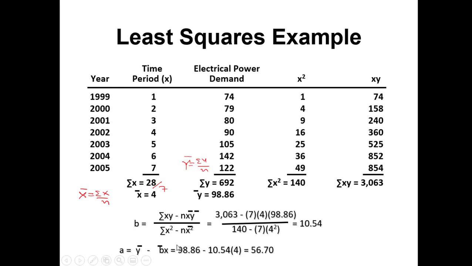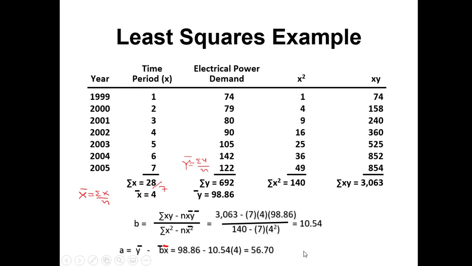When you calculate this, then you already know that a is equal to y bar minus b x bar. Sorry, this is b x bar, this is not b bar. So y bar is 98.86 minus 10, the b value is 10.54, so 10.54 into x bar value, which is 4, is equal to 56.70.